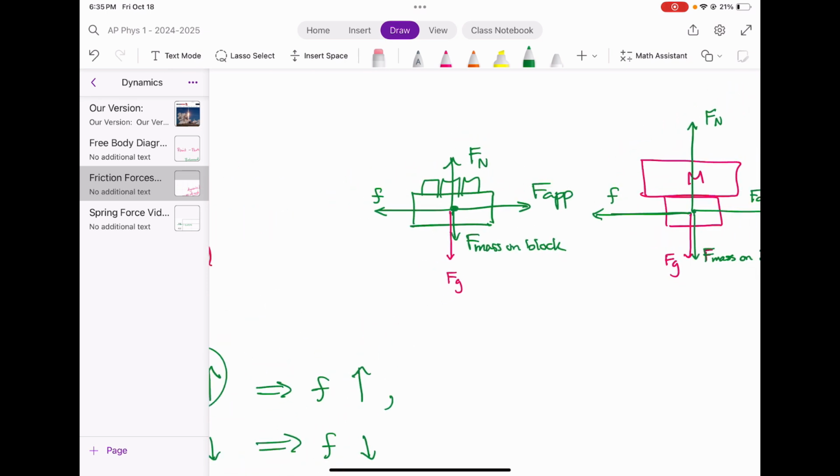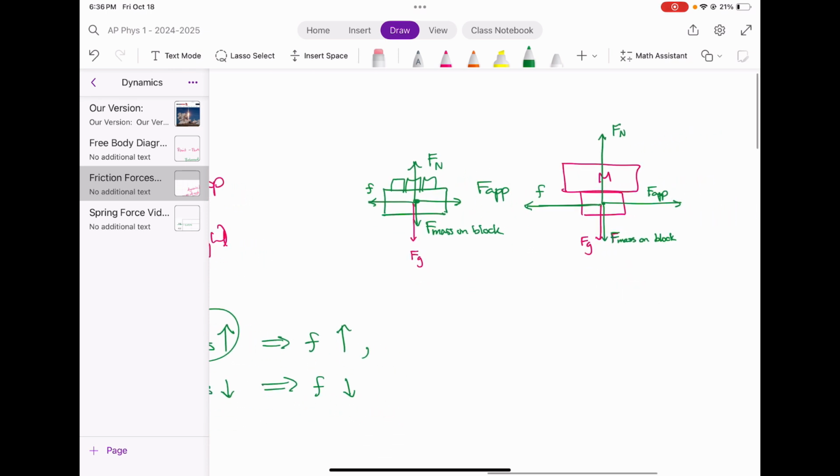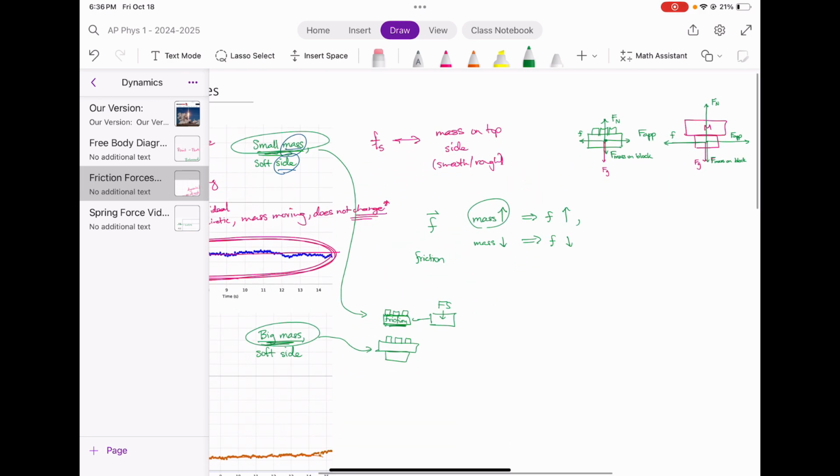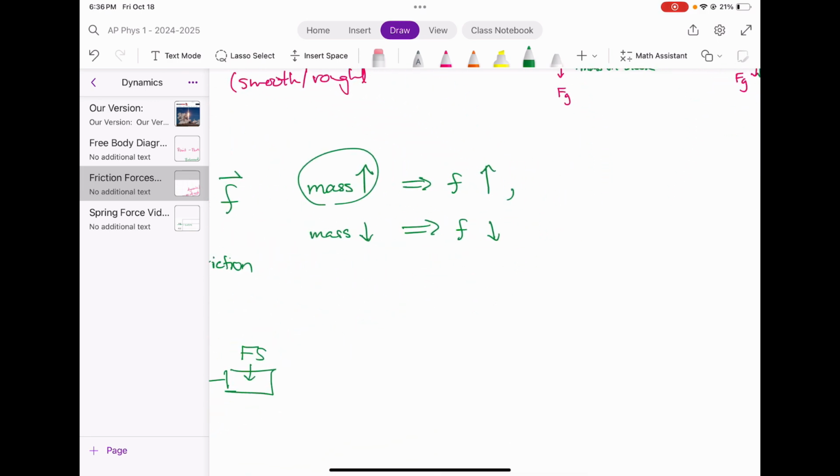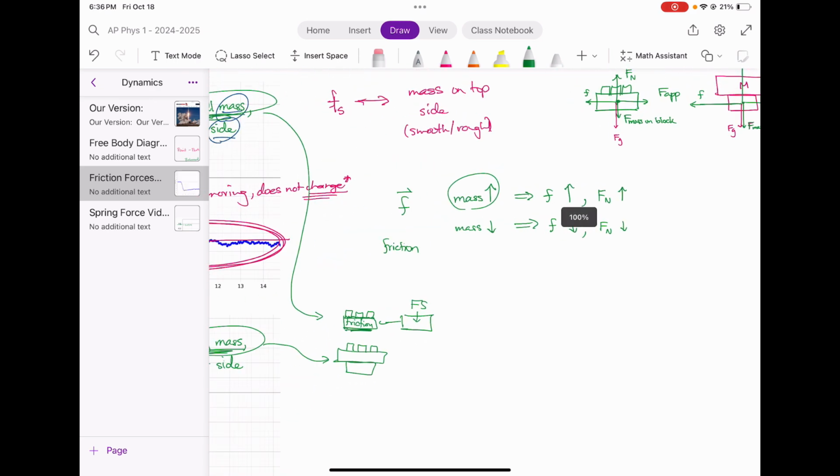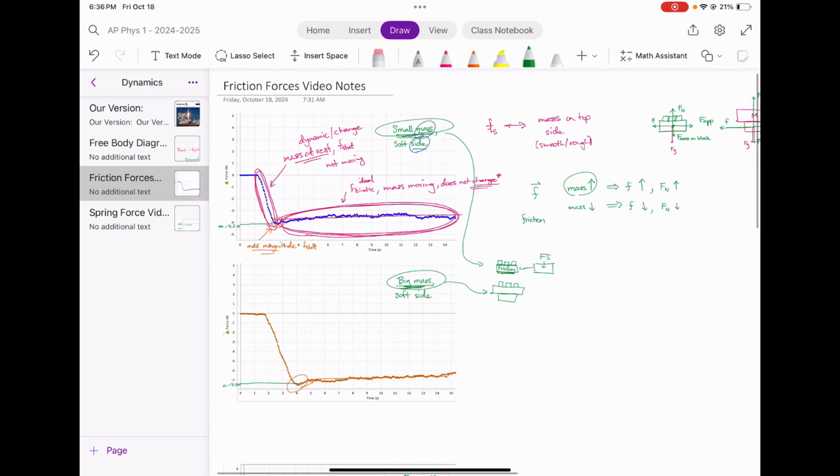So actually I kind of drew these a little bit too big. The applied force in this case was a lot smaller, and so was the friction. Right, so that seems to be what we're observing, right? So the point is the friction goes up and the normal force goes up. The normal force applied to the friction block. If the friction goes down, the normal force seems to go down, right? Okay, so that's one conclusion we can draw.